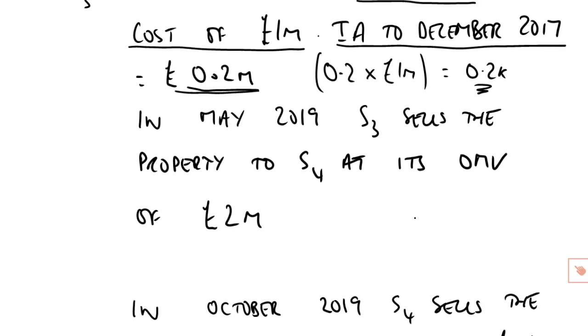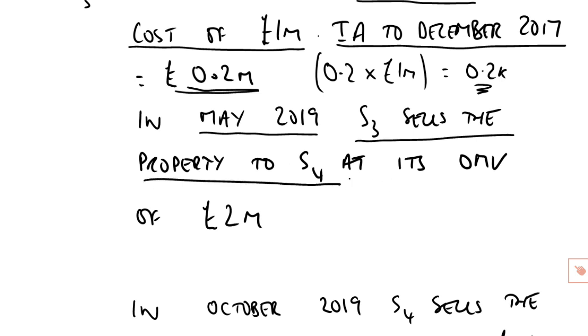And what then happens, now coming up to the current date, the accounting period that you have to deal with, May 2019, S3 sells the property to S4 at its open market value of £2 million. Now then, again, it is most likely that for accounting purposes it will indeed sell that at its market value.